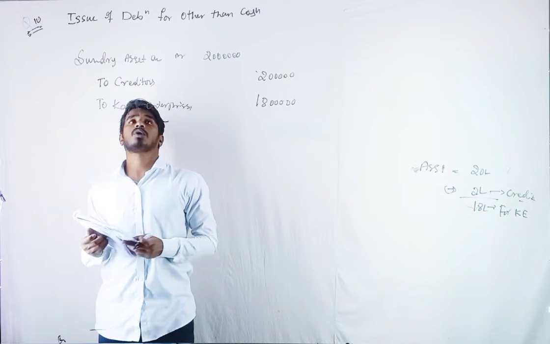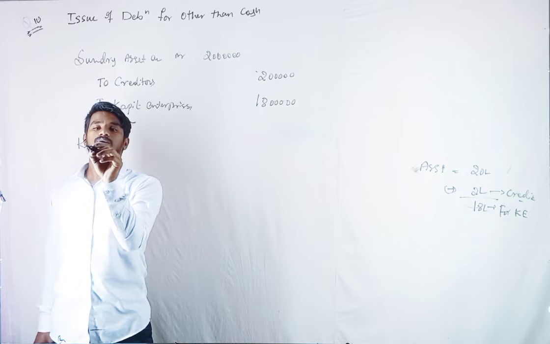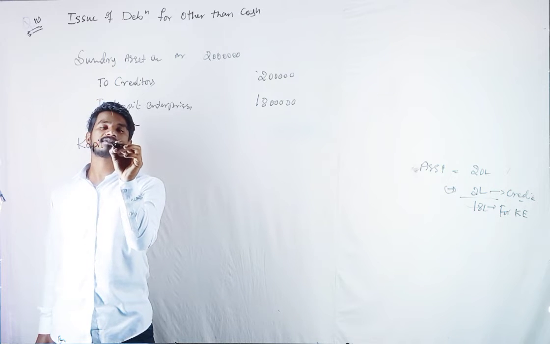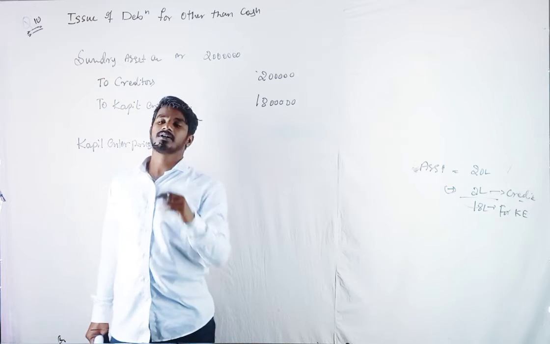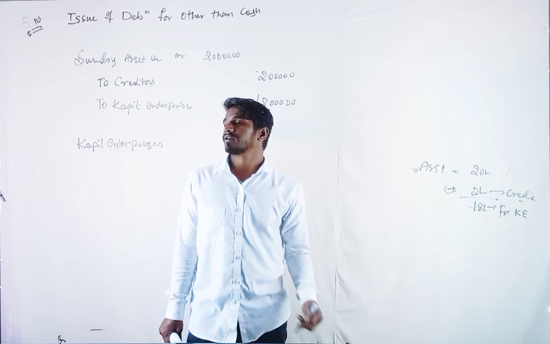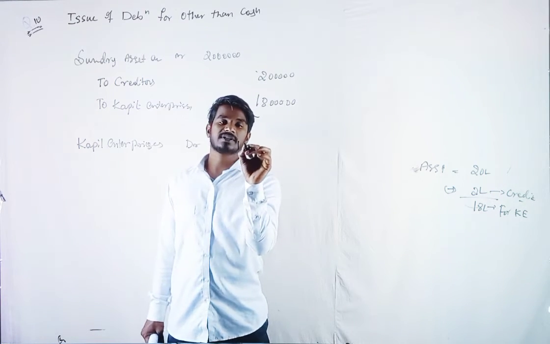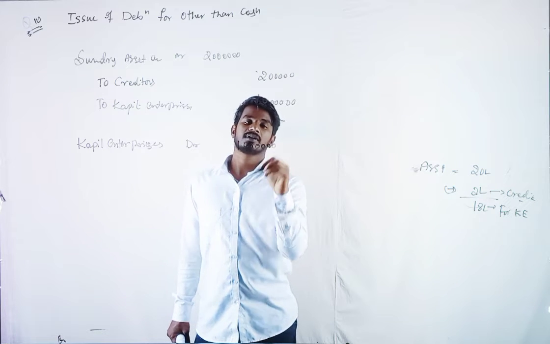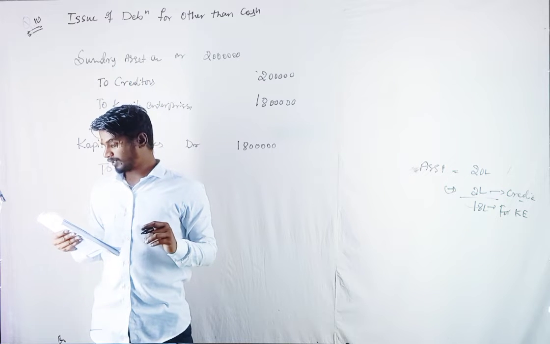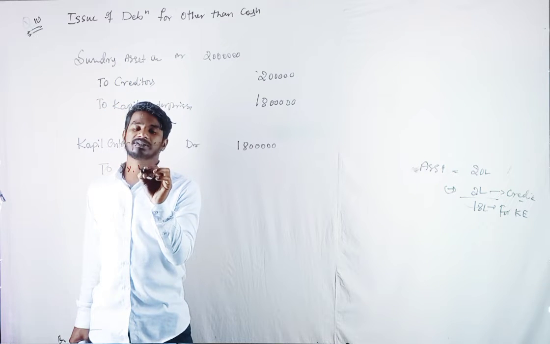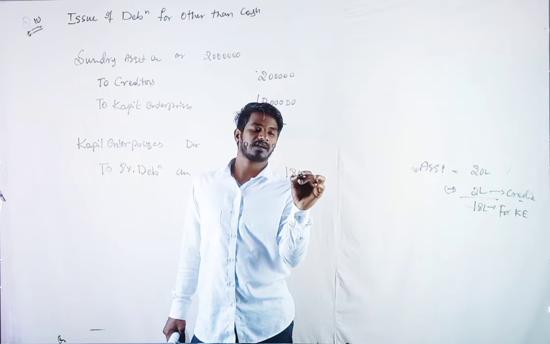Then Kapil Enterprises debit, because we are discharging the liability of rupees 18 lakh, and through how much percentage of debenture? It is 8% debenture. 8% debenture account 18 lakh.